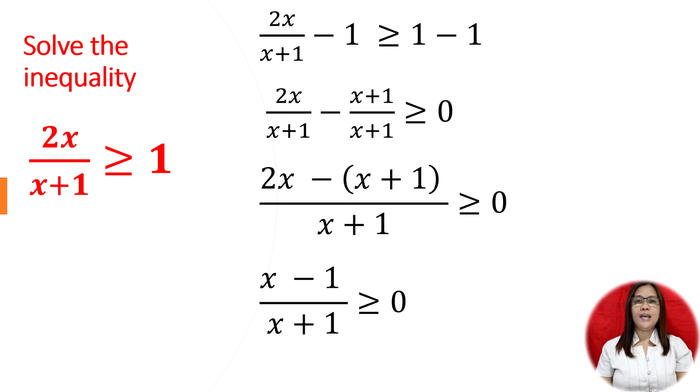Or 2x over x plus 1 minus (x plus 1) over x plus 1 is greater than or equal to 0. 2x minus (x plus 1) over x plus 1 is greater than or equal to 0. So (x minus 1) over (x plus 1) is greater than or equal to 0.